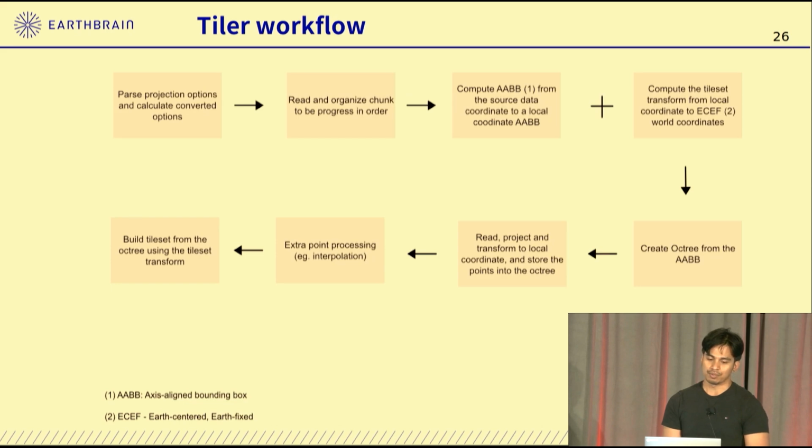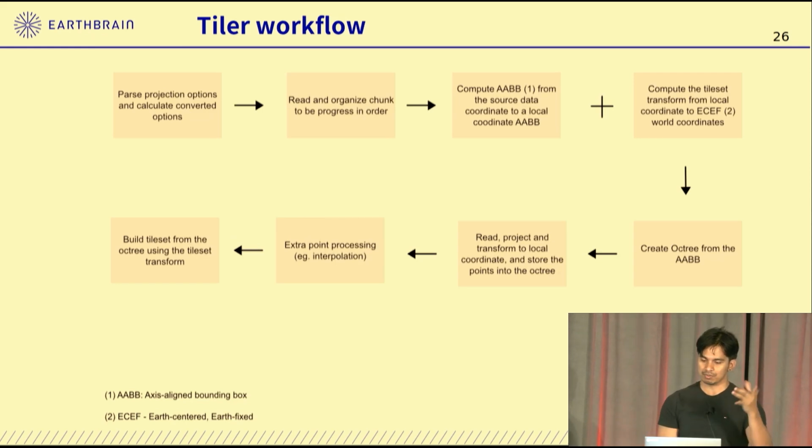Basically, you start from the projection of the given option, and we parse the projection from the site. Then we convert the points from the data, and we get a bunch of chunks of data, and we organize those chunks.